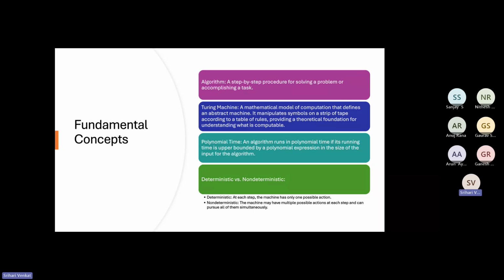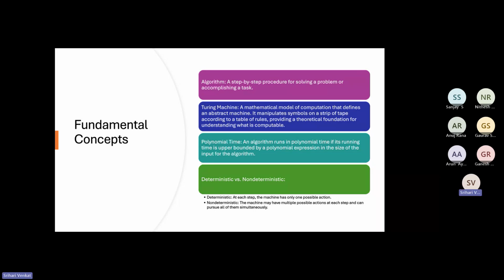And polynomial time. An algorithm runs in polynomial time if we can upper bound the running time by a polynomial expression. And then deterministic versus non-deterministic. An algorithm is deterministic if at each step the machine, over here the Turing machine, has only one possible action.